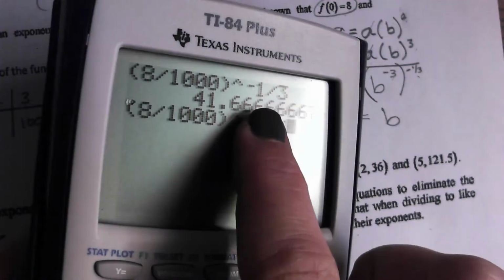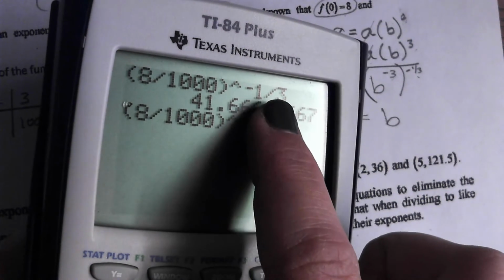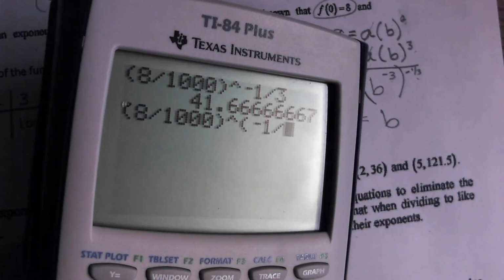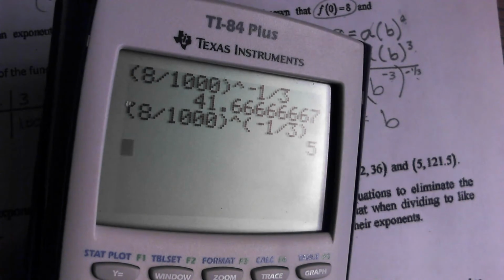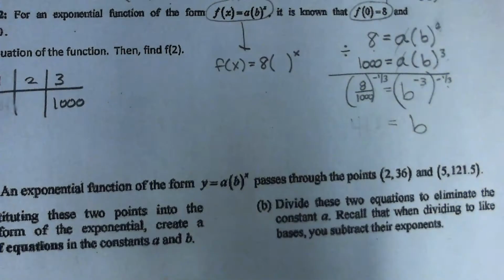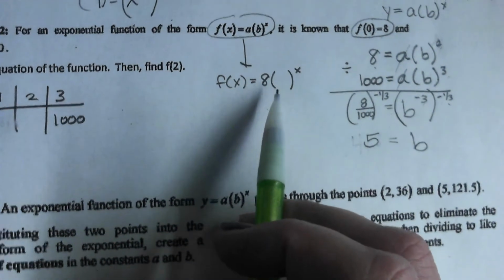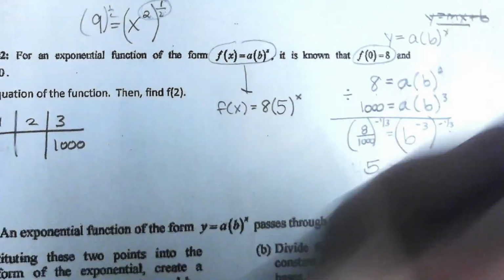Right, my calculator, because I didn't put the exponent in parentheses, raised it to the -1st power and then divided the answer by 3. If I raise it to the -1/3 power, I get 5. So b is 5, and I already knew that a was 8. So there's my answer.